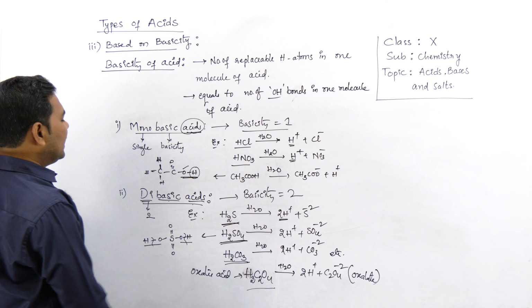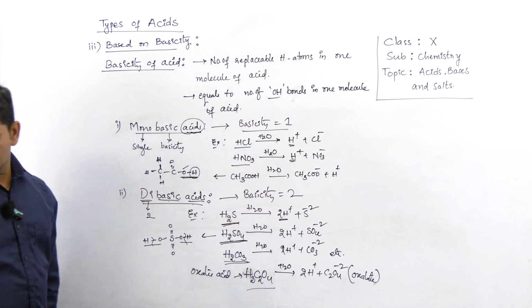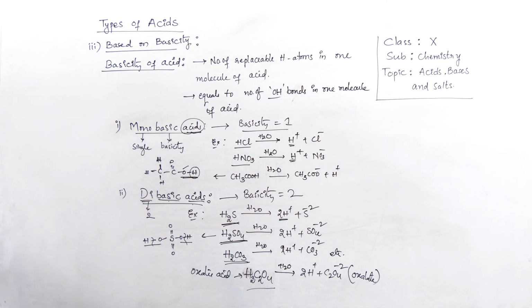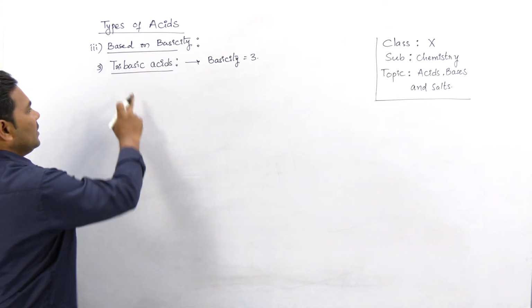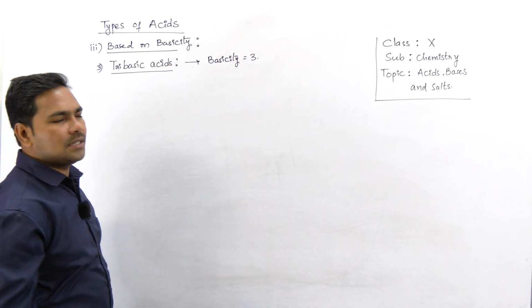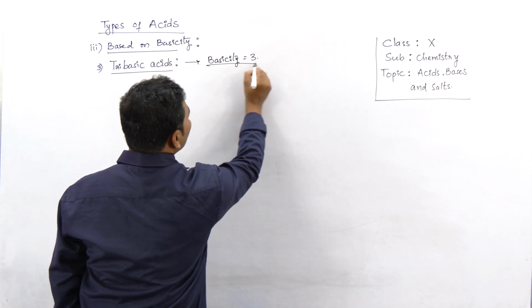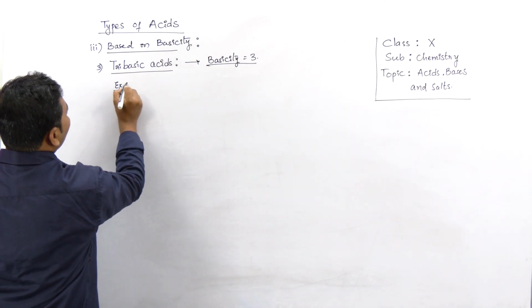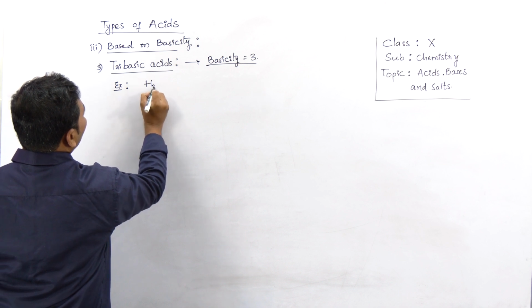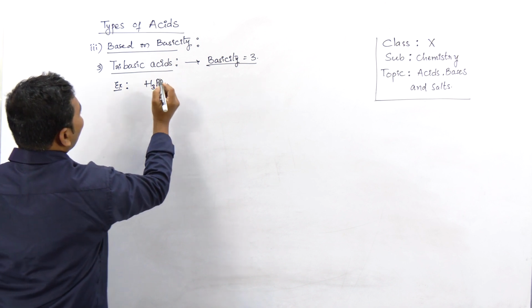Now let us discuss the third type in this category, tribasic acids. You can understand now that the basicity is 3. Let us see examples of tribasic acids like H3PO4.